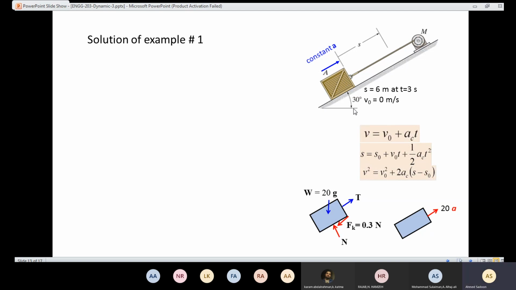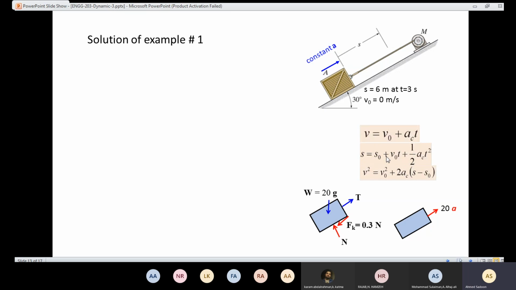So it depends on my givens here. I need to choose the appropriate one. So let's say that I'm going to use this equation here. In this equation, I know the value of S. I know the value of S naught because S naught is going to be 0.